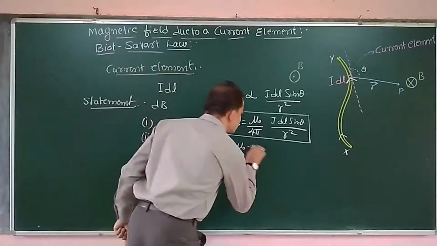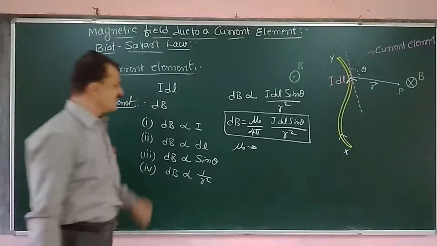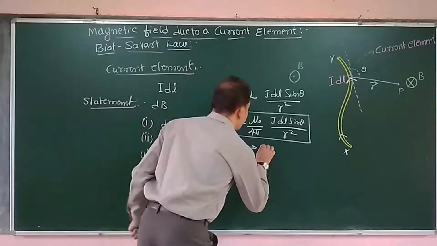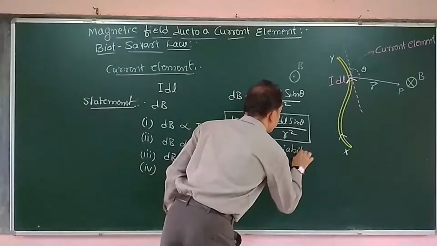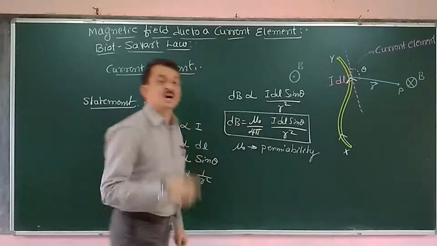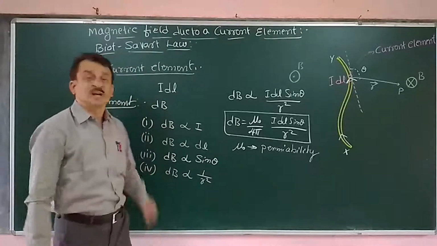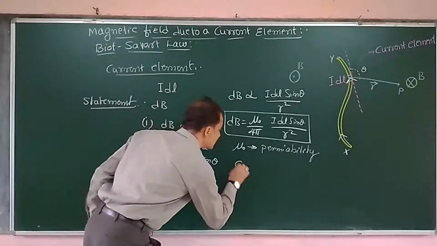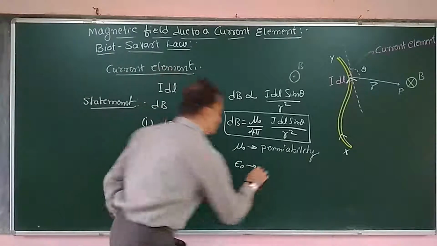Now mu naught is a constant of proportionality and is called the permeability of the medium. We have already studied in electrostatics, we have one constant there, that is epsilon naught. It is permittivity.